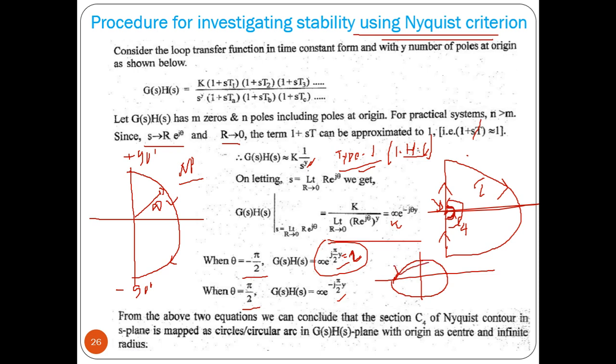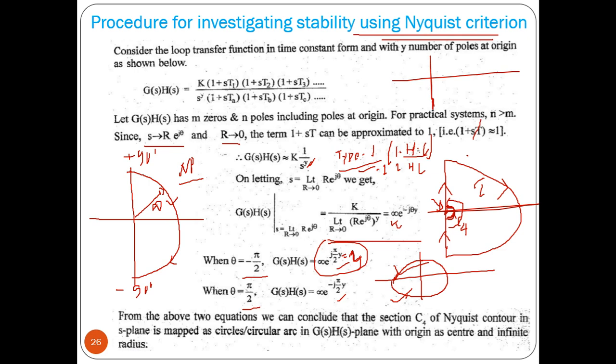So we are getting two half cycles if it is type 2. If it is type 3, then it is plus 270 to minus 270. Now plus 270 degree means what? Here, right?